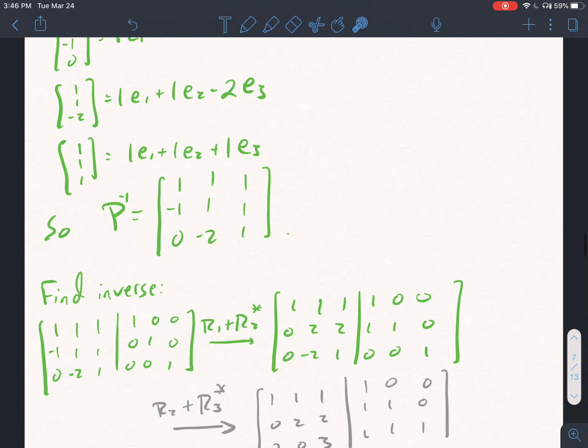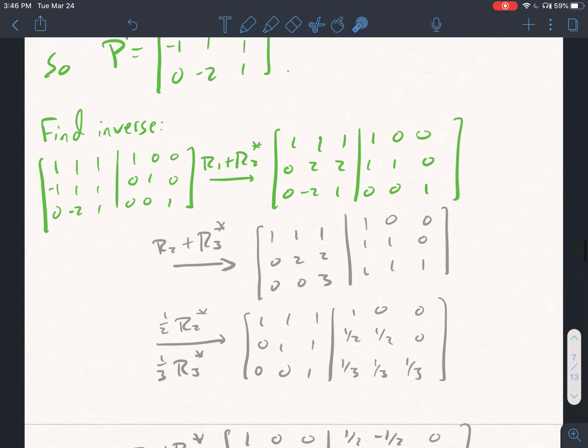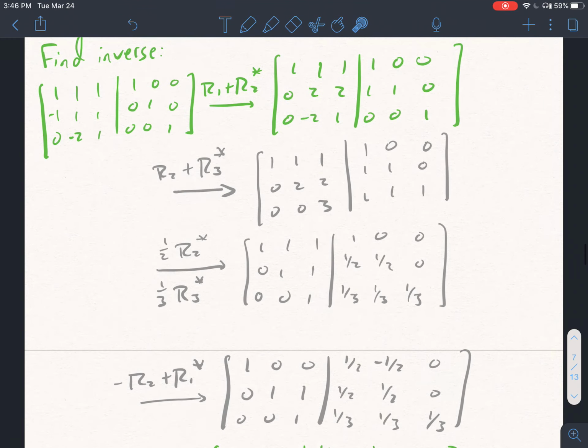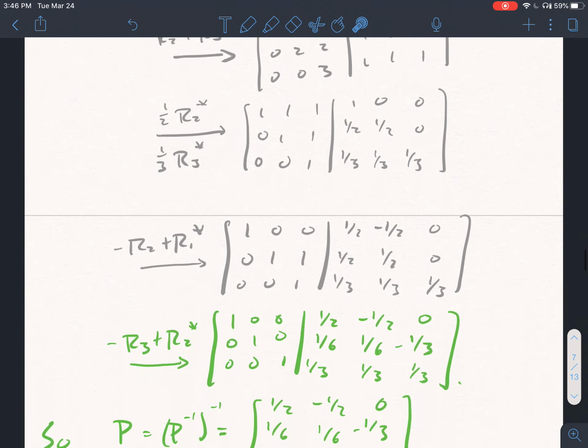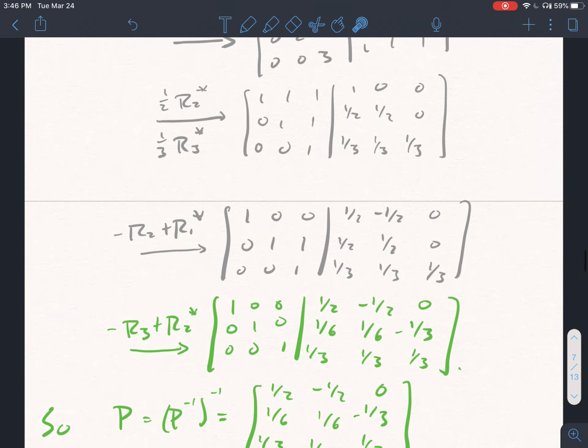So I won't go through all the row operations, but I'll leave them on the screen so that you could check them. I'm pretty confident that they're right. I first did row 1 plus row 2 to get rid of this -1 right here. And then I did row 2 plus row 3 to make that a 0. So now it's in echelon form. Then I make all the pivots 1, and start zeroing out everything above them to get that this is row equivalent to the identity matrix.